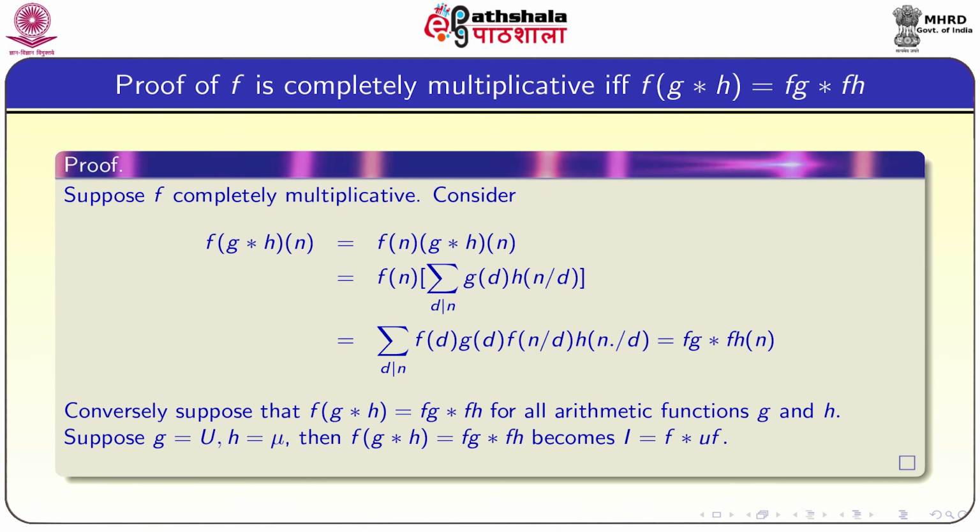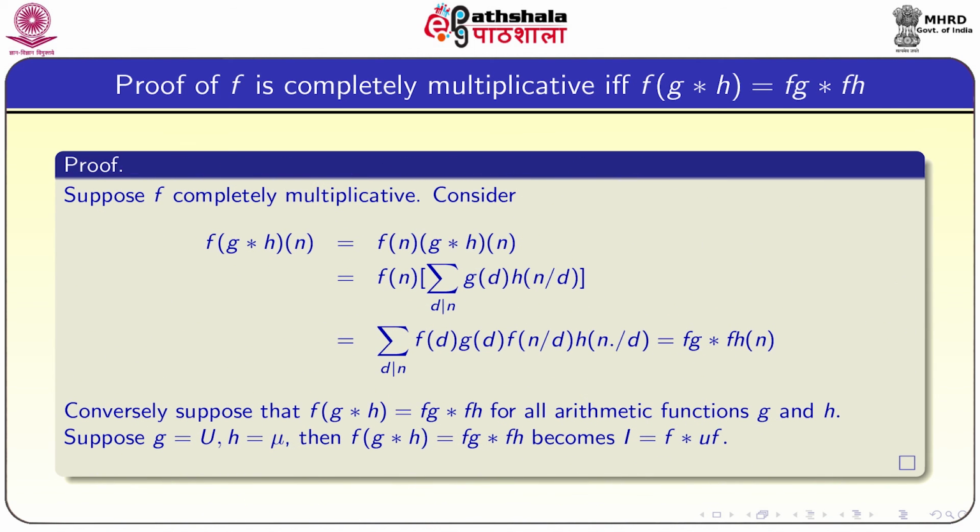So, conversely suppose that f into g star h is equal to f g star f h for all arithmetic functions g and h. Then we have to show that f is completely multiplicative, but this time it is easy.